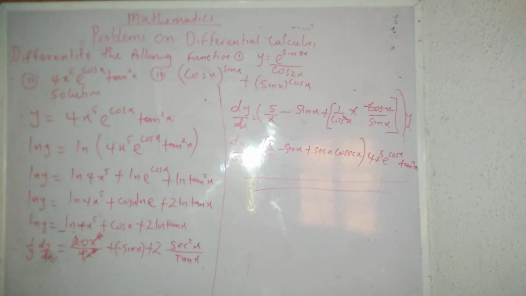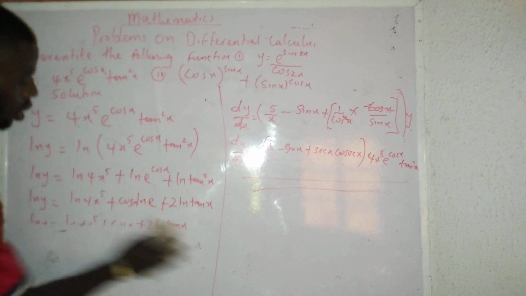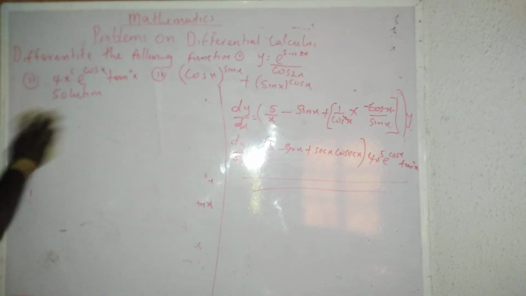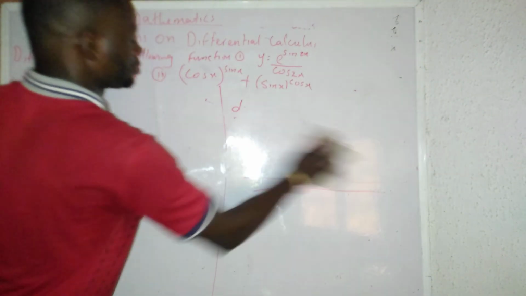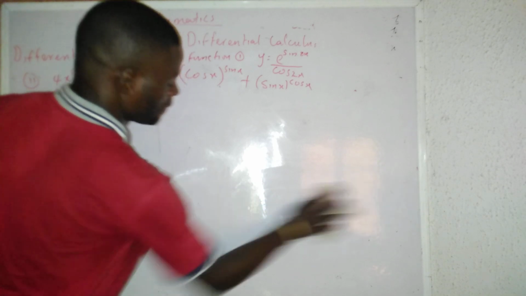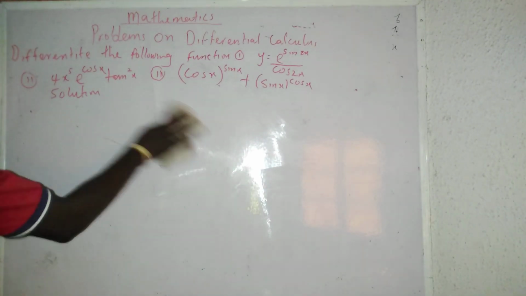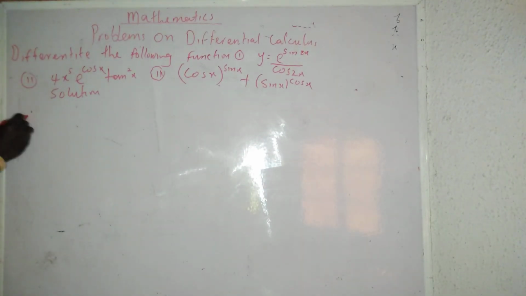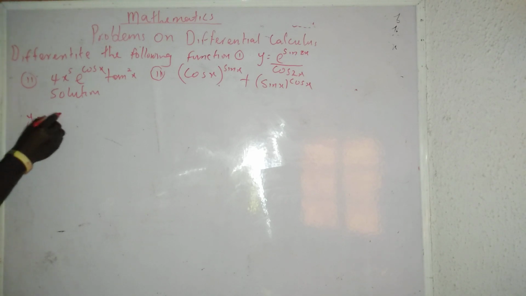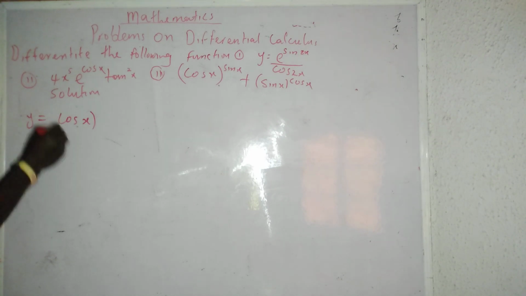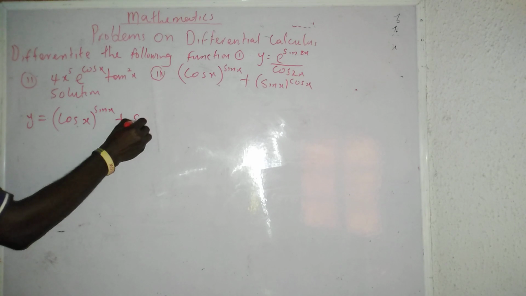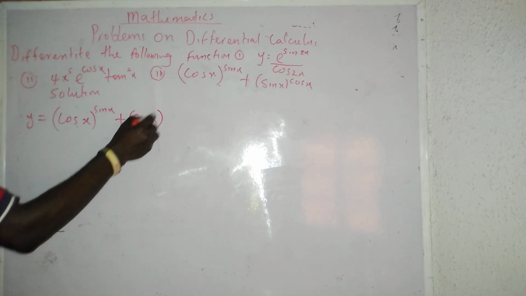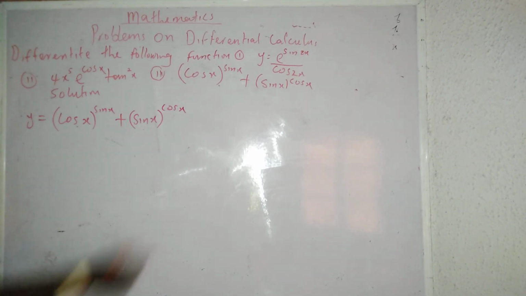Now, the third one. I have y equals cos x raised to the power sine x plus sine x to the power of cos x.